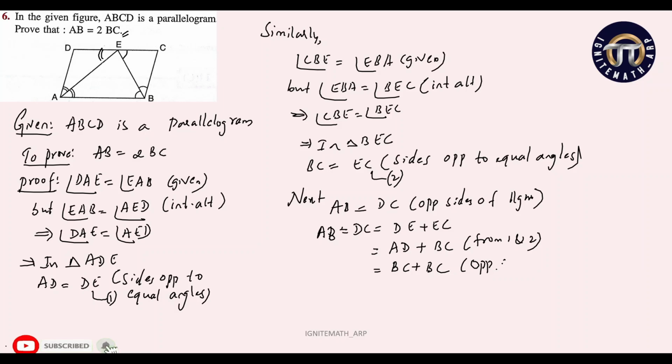Clear, children? So AB equal to DC, I can directly write AB over here. So AB is equal to twice of BC. So hence proved. Clear? Logically, you try connecting one in terms of the other, you will definitely get the answer.